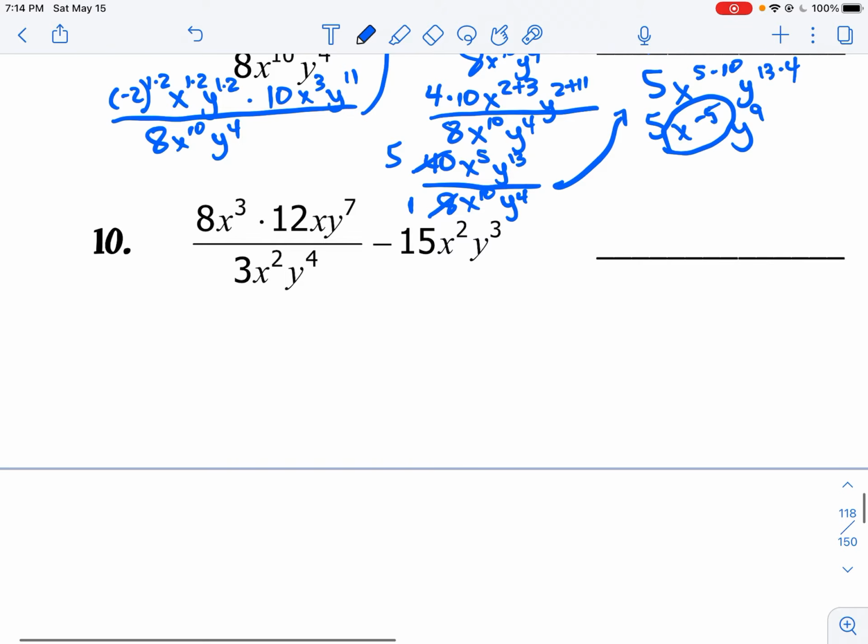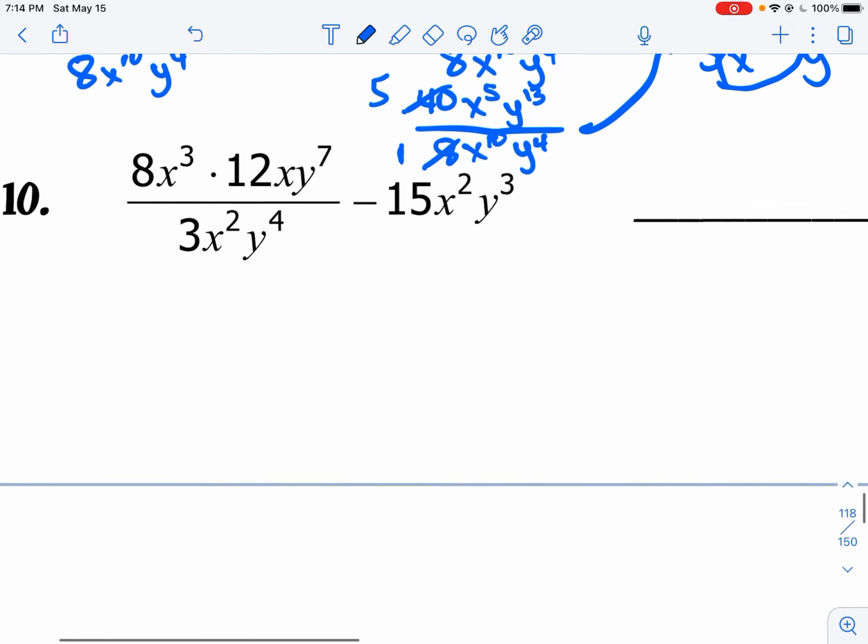Last but not least on this side, I deal with my numerator first. Remember that it has an invisible 1 right there. So I have 8 times 12, then I have x to the 3rd plus 1, and then y to the 7th.